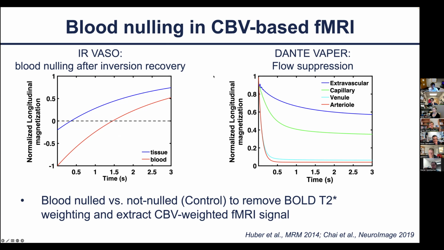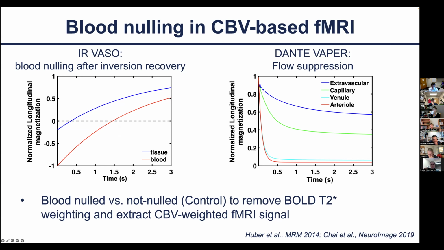This is the preparation for VASO or VAPER. For the acquisition part, we typically use EPI because it's more time efficient. But EPI is inherently sensitive to T2 star changes, which is BOLD, and BOLD will dominate over CBV.